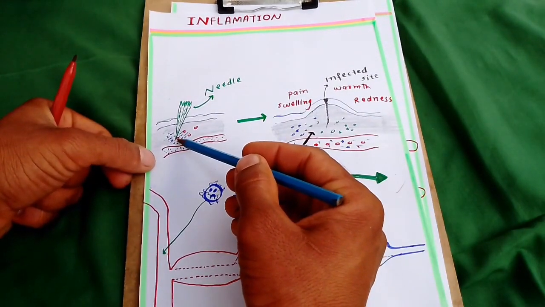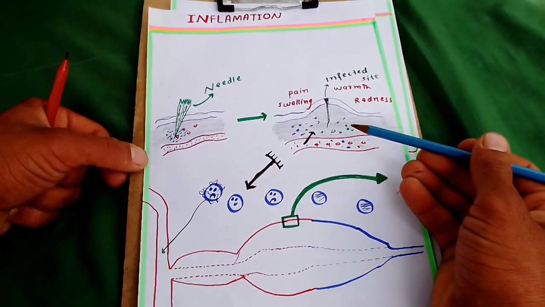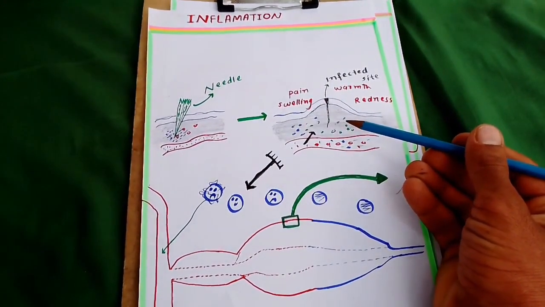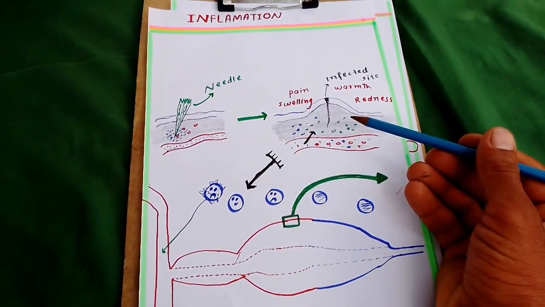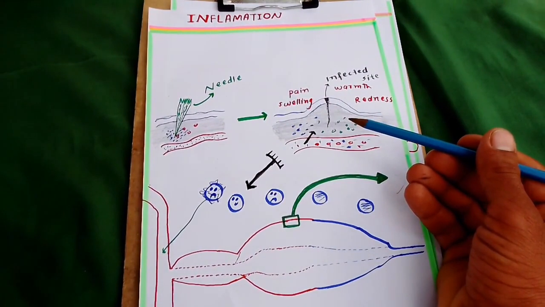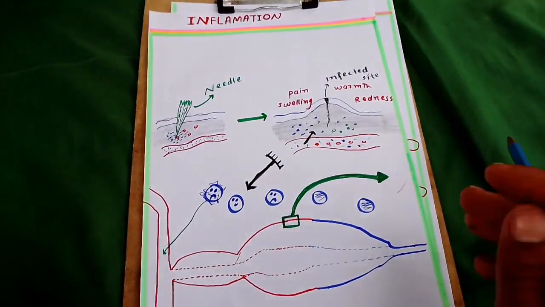This area is destroyed due to the needle. So here inflammation starts. The purpose is to bring more white blood cells, more antibodies, more water, in order to remove the disease-causing microbe and to stop the further infection.